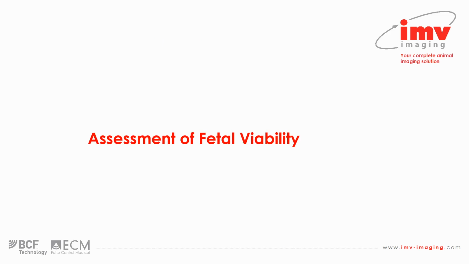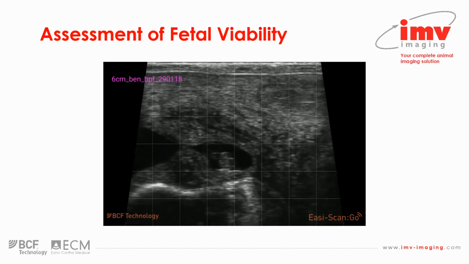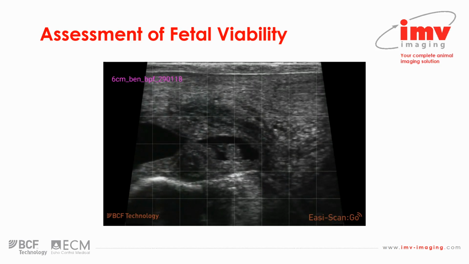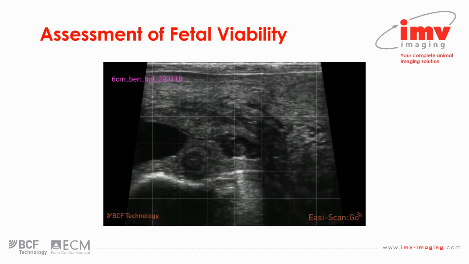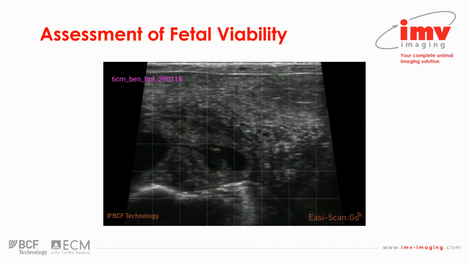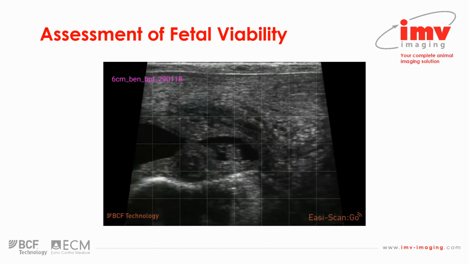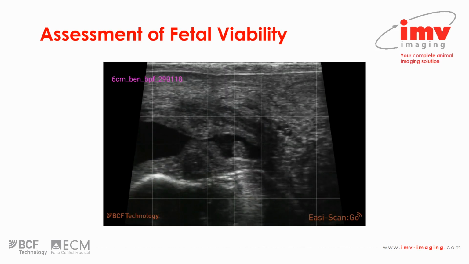Just briefly going to talk about assessment of fetal viability now, and ultrasonography is really the only method that can reliably assess fetal viability, particularly early on. Predominantly what we're looking for is visualizing a fetal heartbeat. We can also sometimes see fetal movement, in particular when the fetus is a little bit older, and we can also be confident that we are not seeing flocculent material in the anechoic fluid around the fetus.